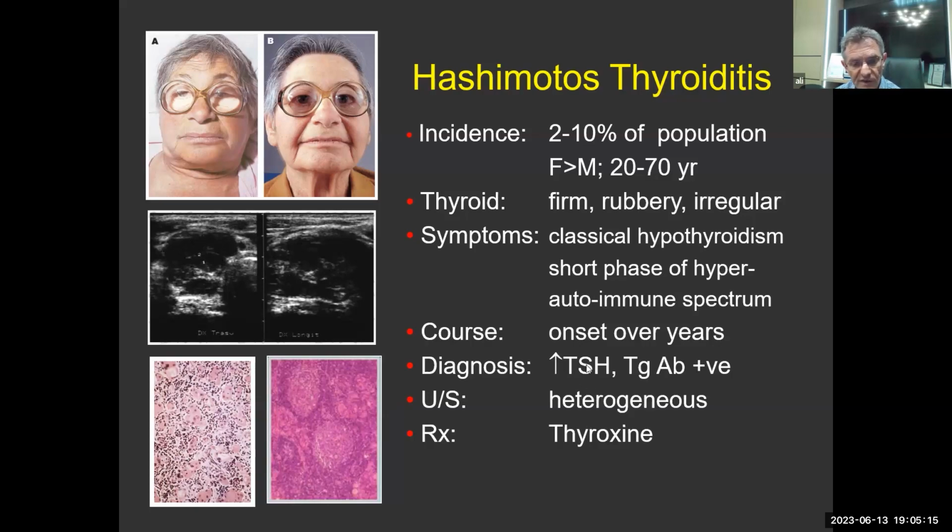So they present with an elevated TSH and a low T4, and they have positive anti-thyroglobulin antibodies. And you can see this individual over here, who is profoundly hypothyroid with periorbital edema, a swollen face, and dry skin. And once you treat them with thyroxine, they completely normalize.